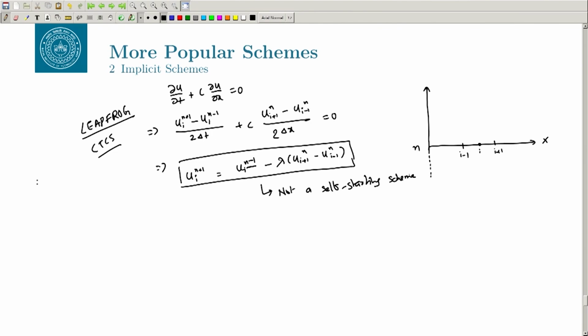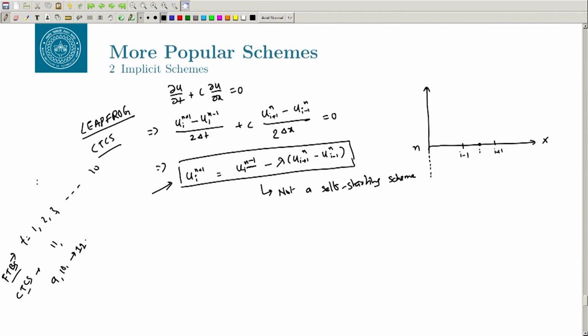Okay, and after that you can start using this leapfrogging scheme, because then you have the value at n minus 1 also. So, let us say you started at t equal to 1, 2, 3 and up to 10 you have solved using an approach which is FTBS, let us say. Okay. And then from time step 11 you can switch to the CTCS or leapfrogging scheme, because you know the value at 10 as well as 9, okay, to get the value at 11, right.